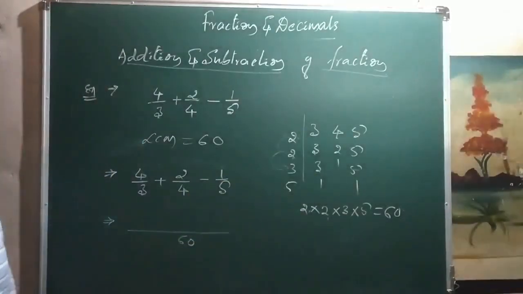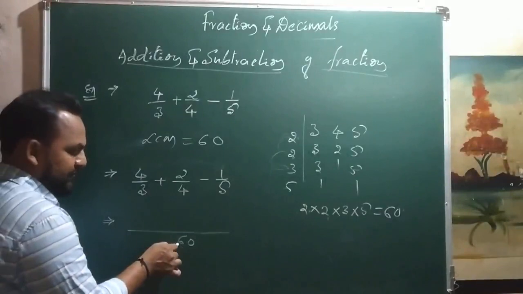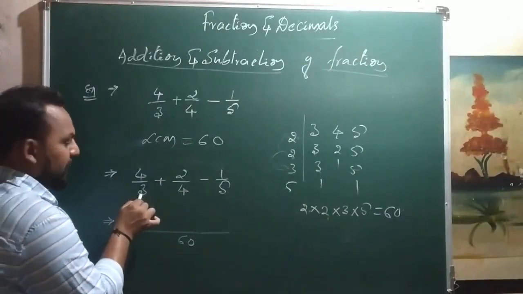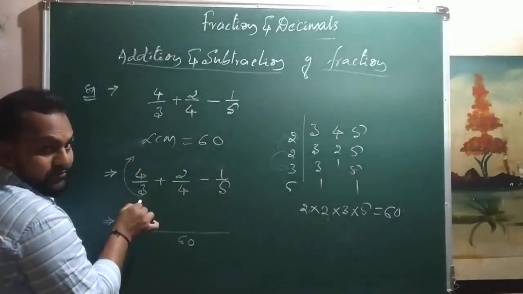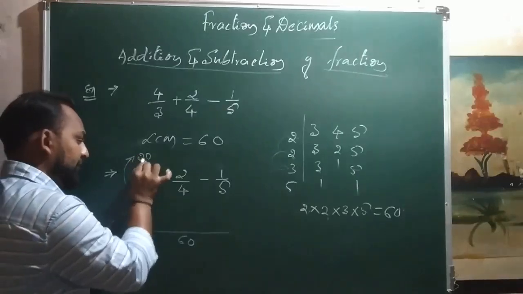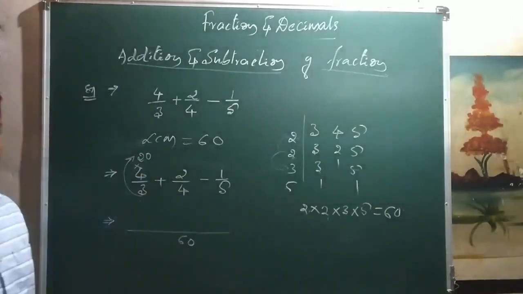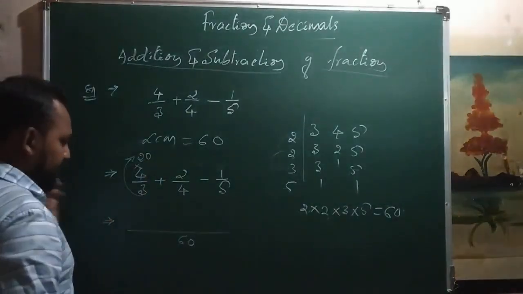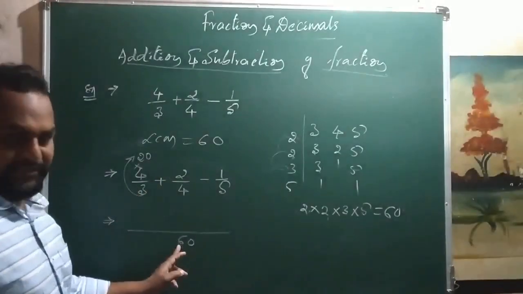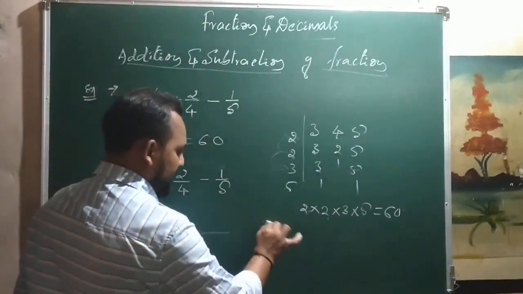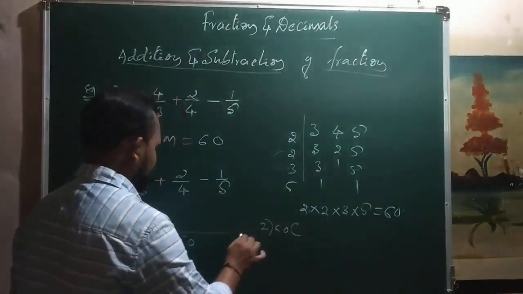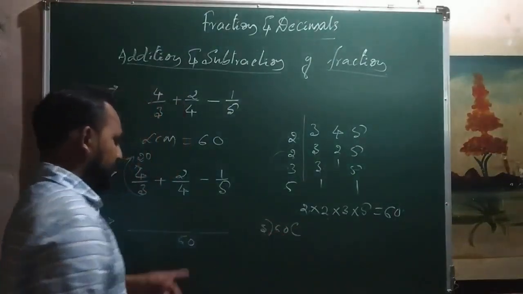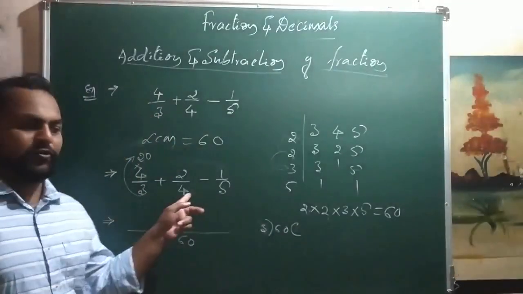How to get 60 from 3? When we multiply 3 by 20, 3 20s are 60. Divide the LCM by the first denominator, second denominator, third denominator.